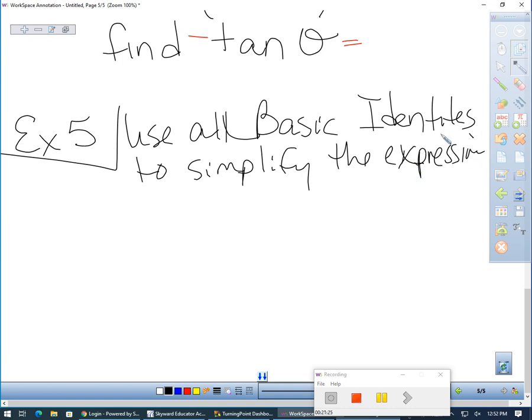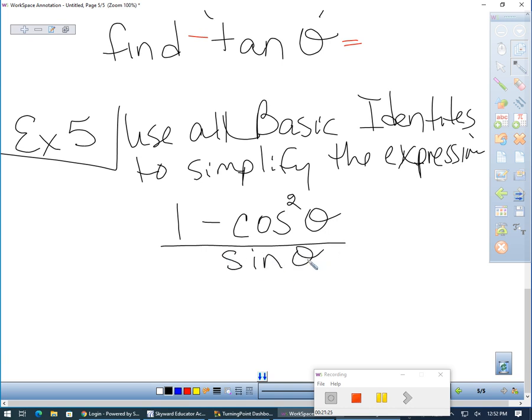All right, and so maybe I give you something like 1 minus the cosine squared theta over sine theta. So we're going to take all of our identities we know and we're going to simplify this.